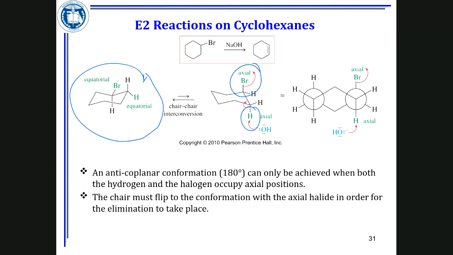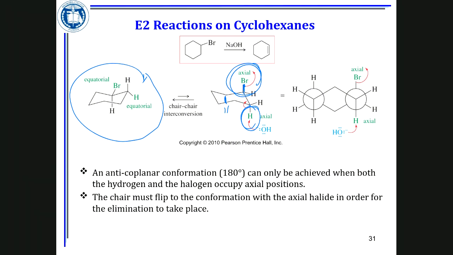And if the Br is on the axial position on carbon 1, the hydrogen would be on the axial position on carbon 2. So on this carbon also, the hydrogen is going to be in axial position. If the bromine has to be in the axial position, the hydrogen that is abstracted also is going to be in axial position.